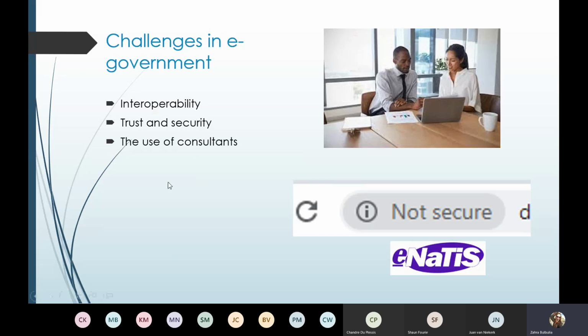So in terms of our challenges in e-government, I'd like to use South African examples again. We've got interoperability, and this is basically the ability of your different government systems to talk to each other or to share information with each other.